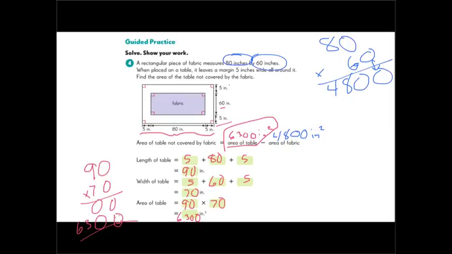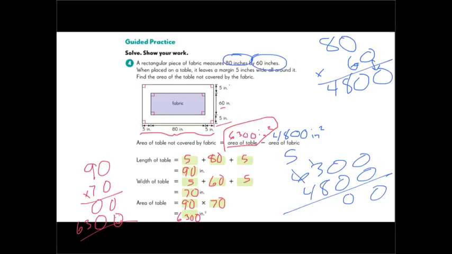So then what do we need to do? Subtract: 6,300 minus 4,800 is 1,500 inches squared. The area of the table not covered by fabric is 1,500 inches squared.